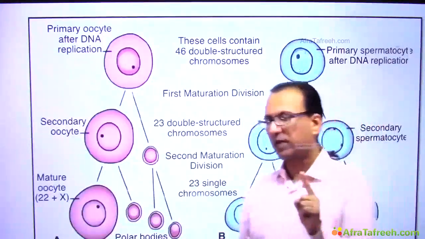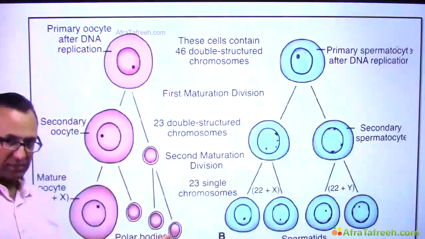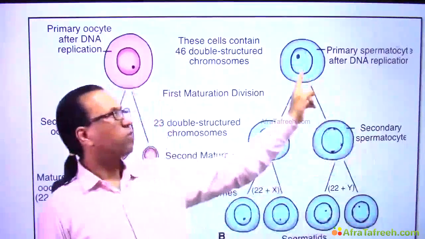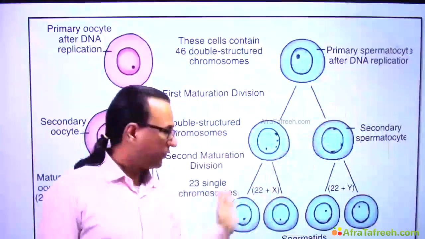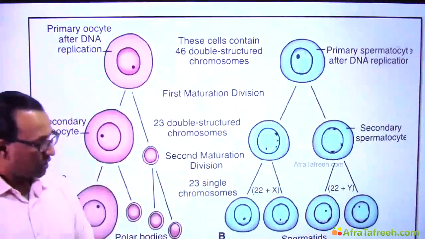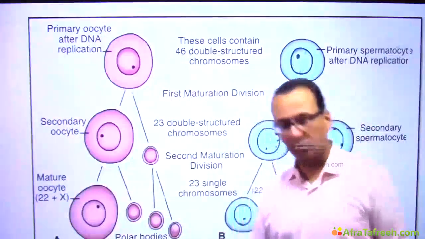This does not happen in male. In female the ratio is 1:1 and 3 are wasted. In male it is 1:4. Start with one primary spermatocyte, you will have 4 spermatids. So this is one difference which you have to remember. 1:1 in female, 1:4 in the male.